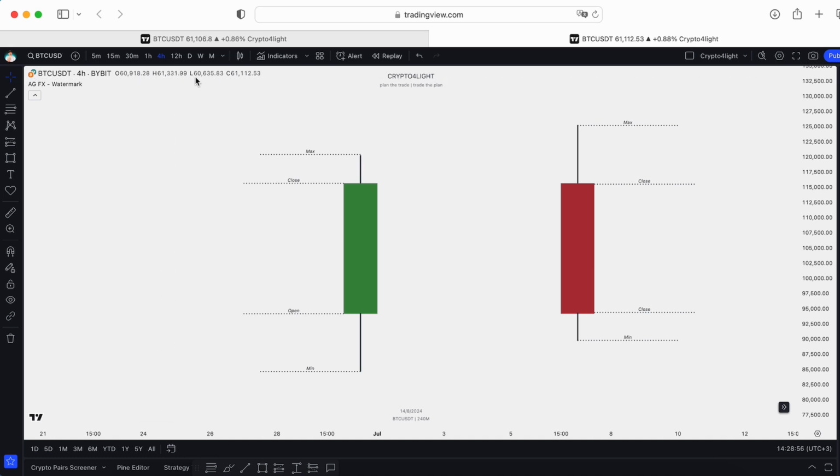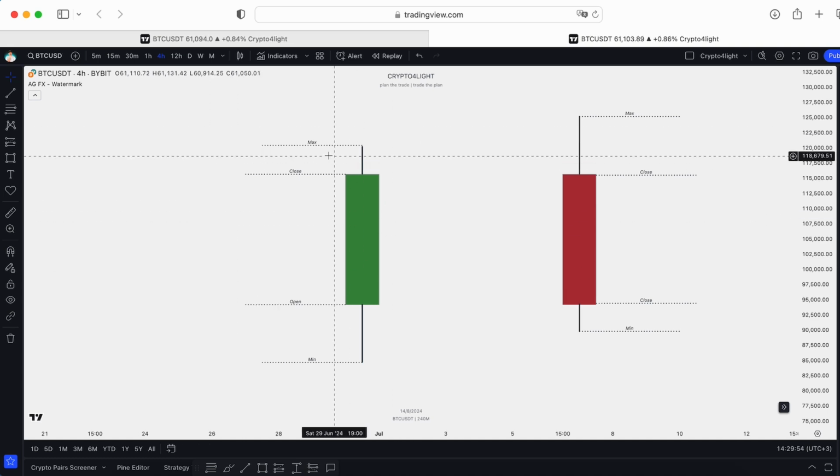The lowest point of that candle was 60,635, and the candle closed at 61,124. Now you can see the price change at this current moment, because the candle is still not closed. A candle gives us information about 4 main points.